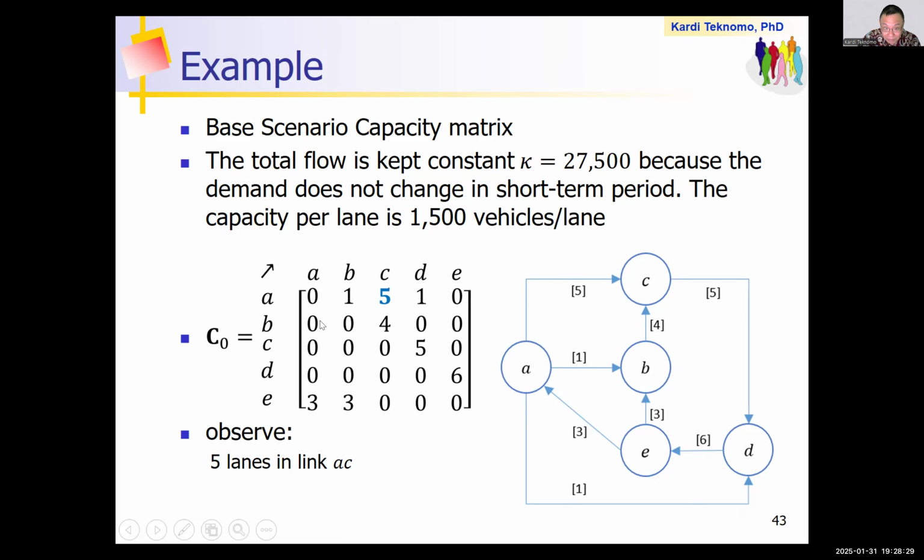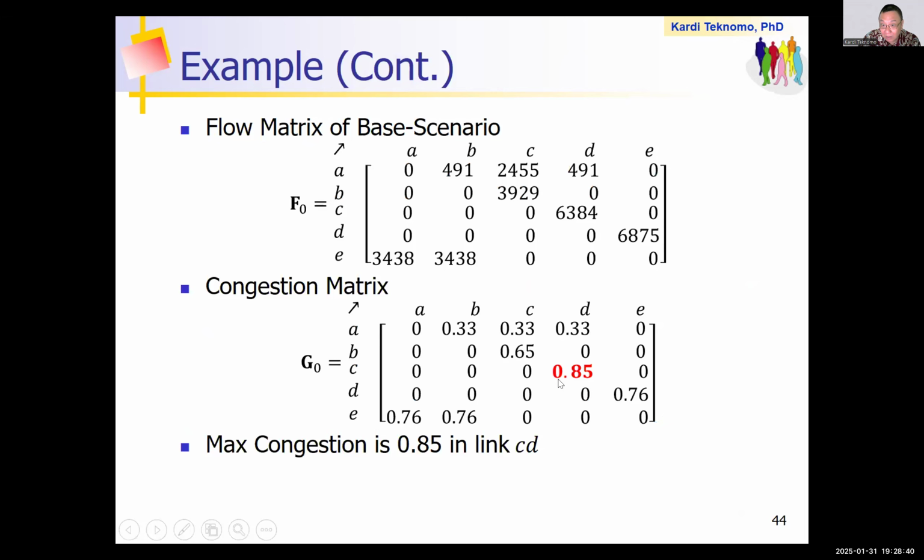So let's observe this link AC, with 5 lanes. What will happen initially? Initially, I get congestion in CD, maximum congestion is 0.85. Now I don't change this one. What I change is actually AC.